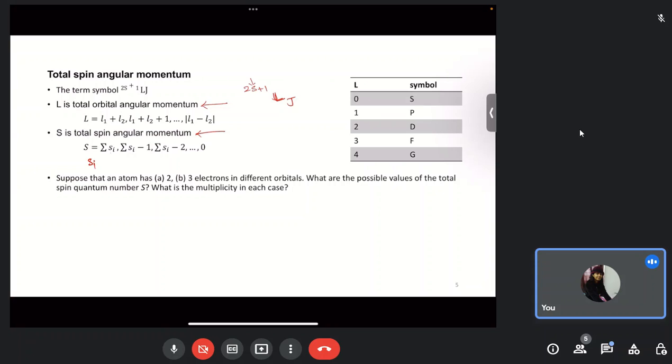So S can adopt different values ranging from summation of Si, summation of Si minus 1, summation of Si minus 2, till 0.